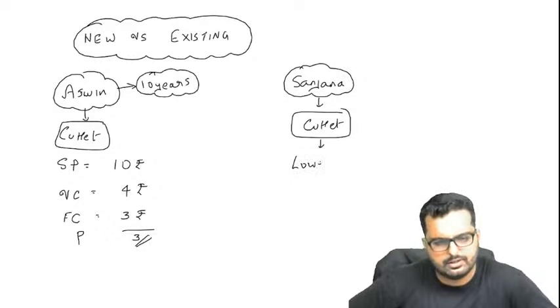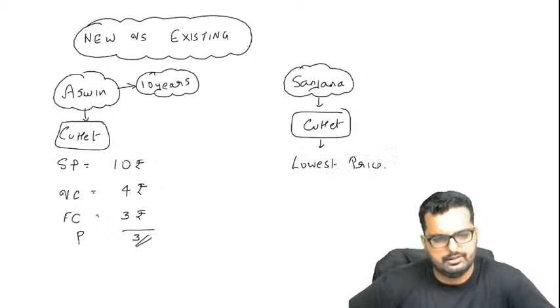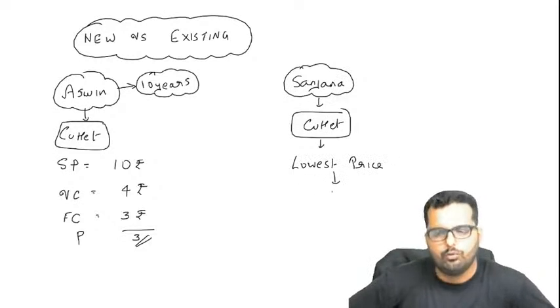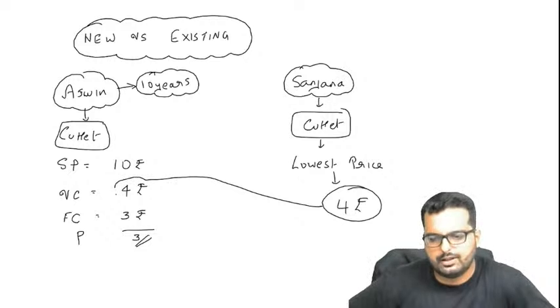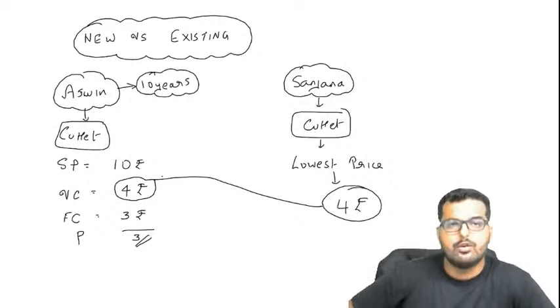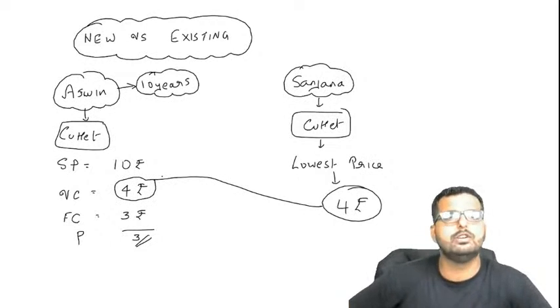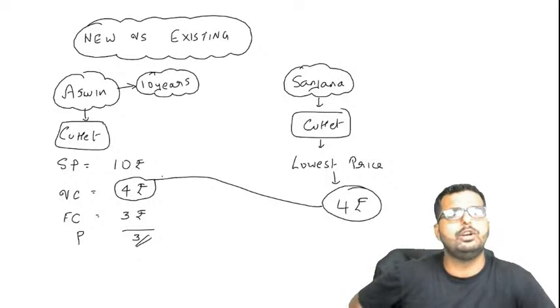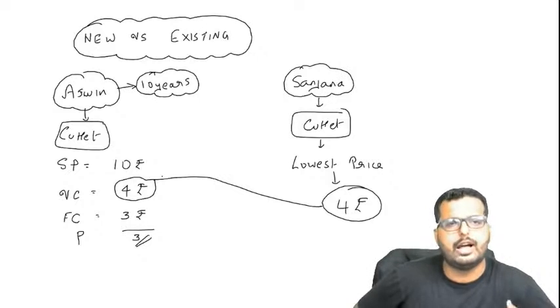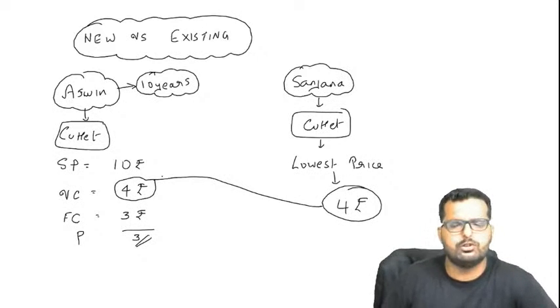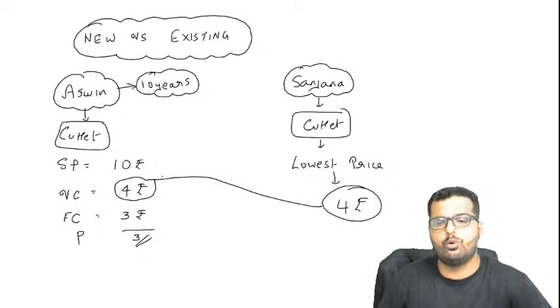Friends, the lowest price that she would sell would be 4 rupees. How did I get this 4 rupees? The 4 rupees is nothing but the variable cost. Why? Because in times when you introduce a new product and you want to penetrate the market, you would like selling it at the lowest price possible, and here the lowest price is 4 rupee.